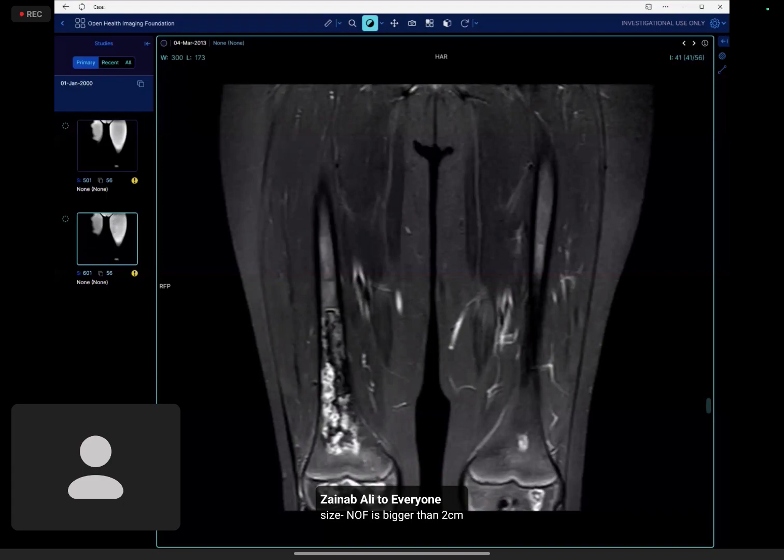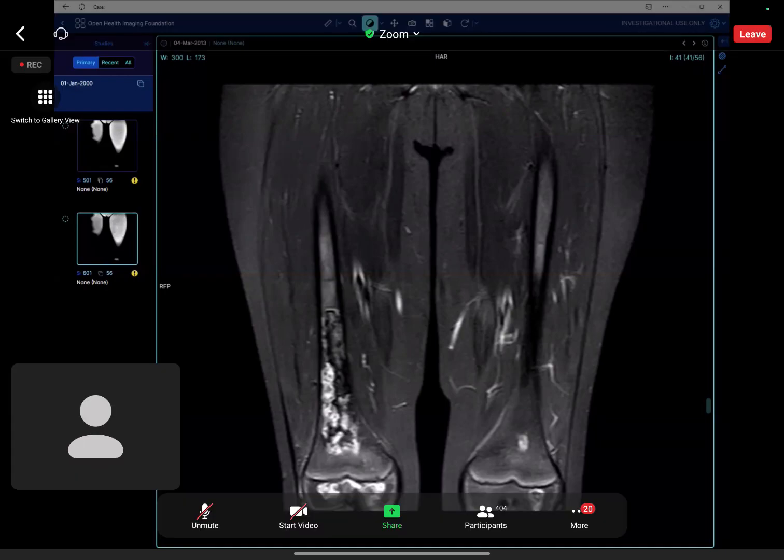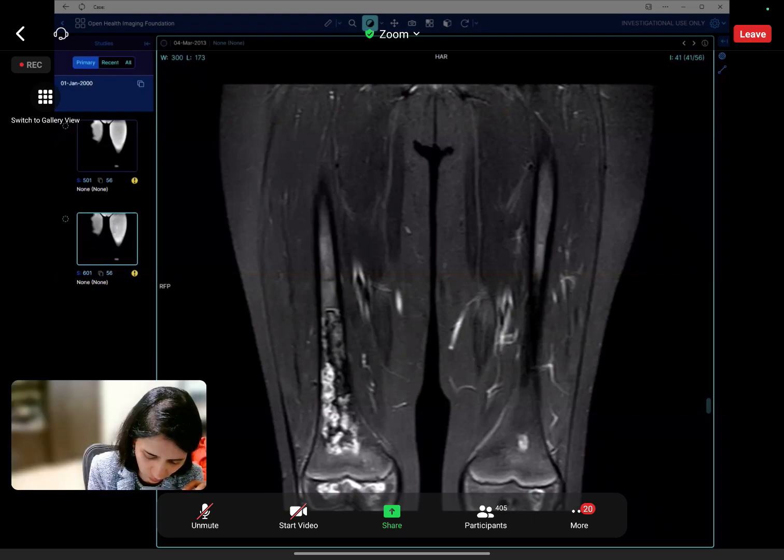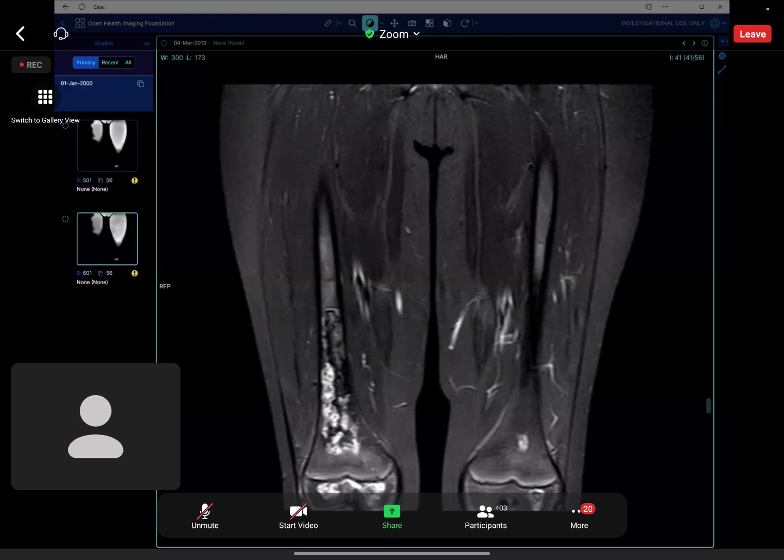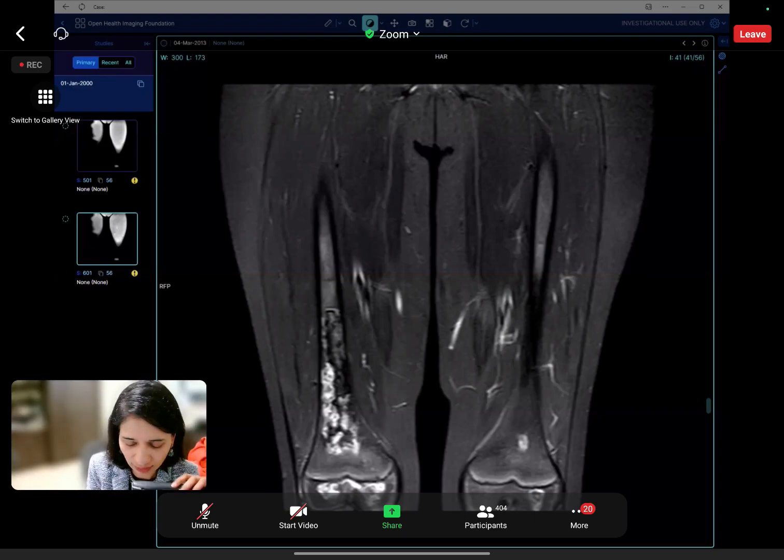Similar findings are seen in bilateral femora, confirming that these are bone infarcts involving multiple bones. Could you give the causes of bone infarct in young patients?